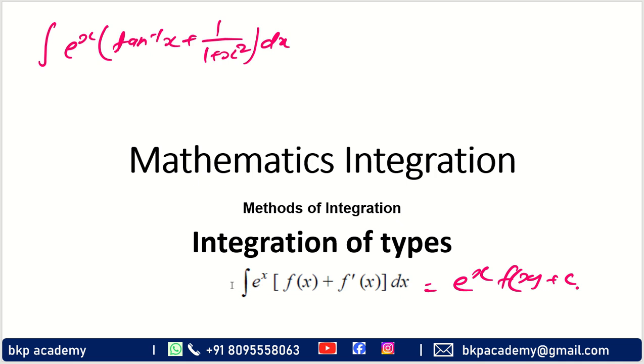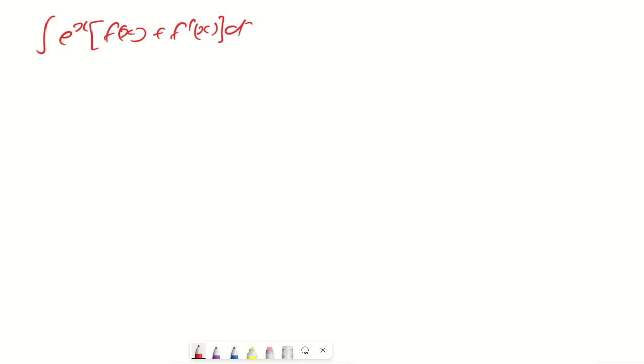First we'll try to understand how to get this, and then we'll utilize this concept in some problems. Let us take this particular problem. We have the integration of e to the power x into f of x plus f dash x dx.